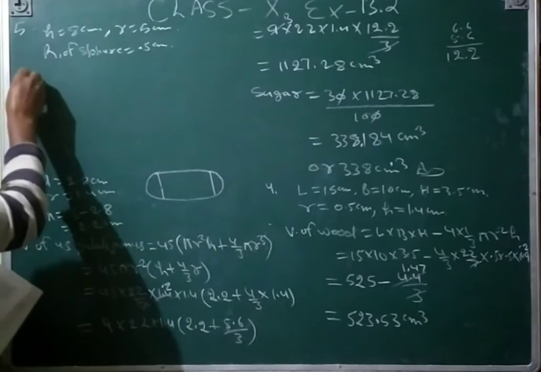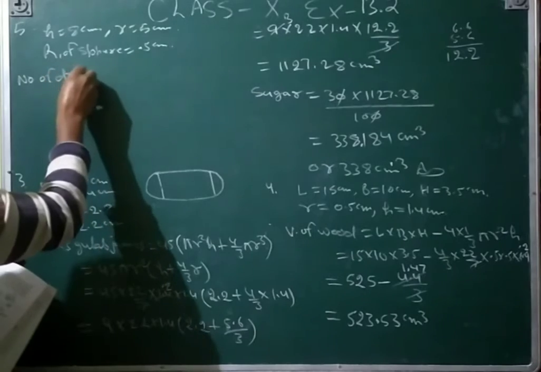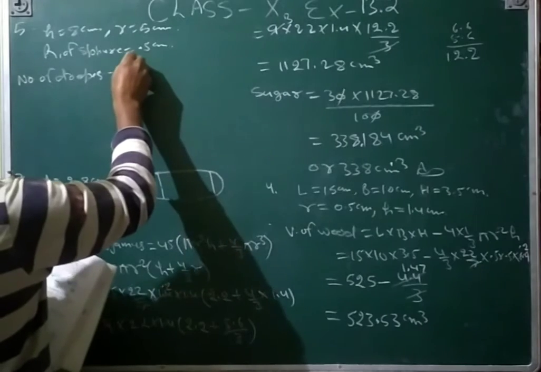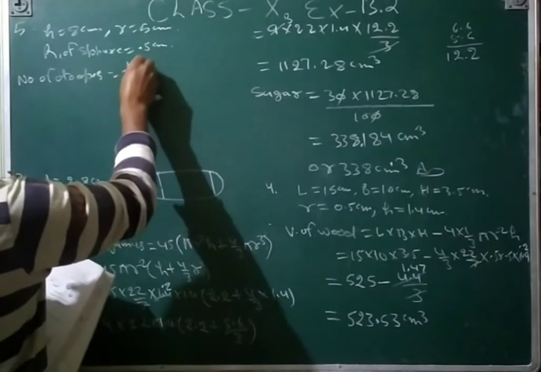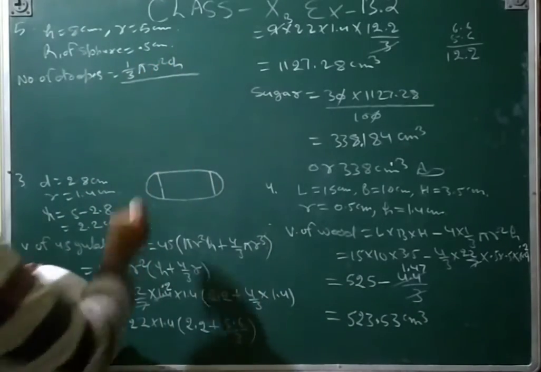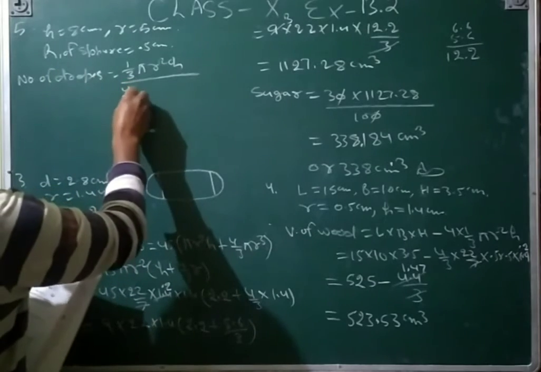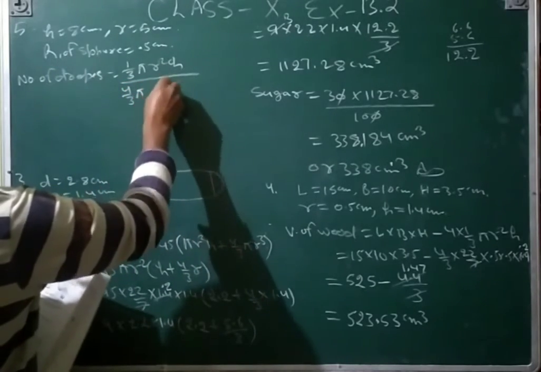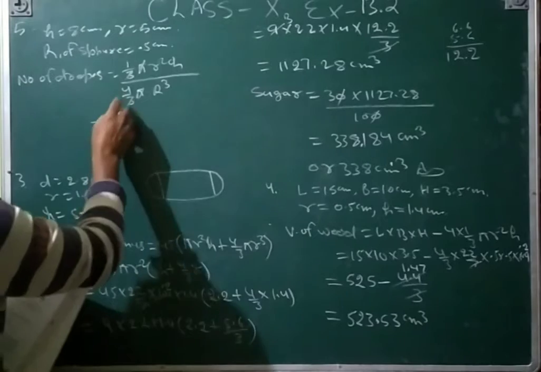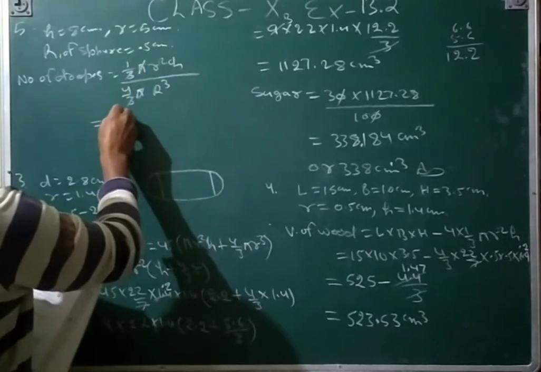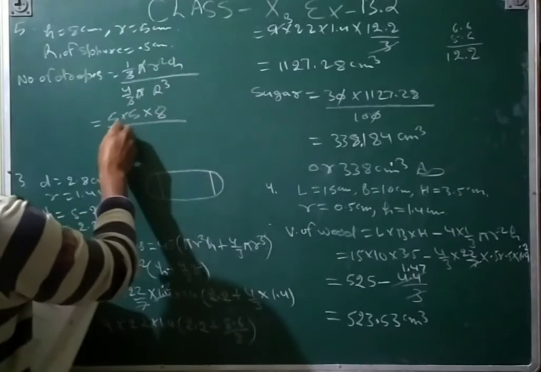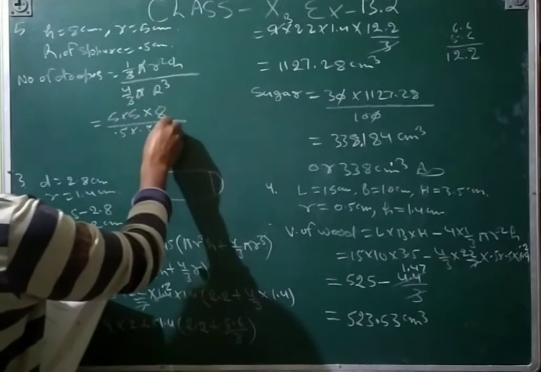So the number of drops is equal to the volume of the cone, 1/3 pi r square h, upon the volume of the sphere, the drop volume, 4/3 pi r cube. The 3 cancels by 3, pi cancels by pi. So this one r is 5 into 5 into 8 upon 0.5 into 0.5 into 0.5.